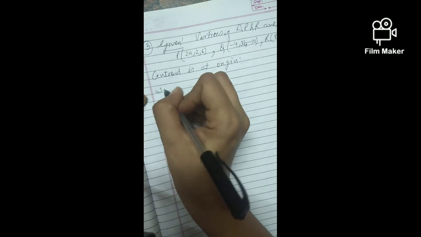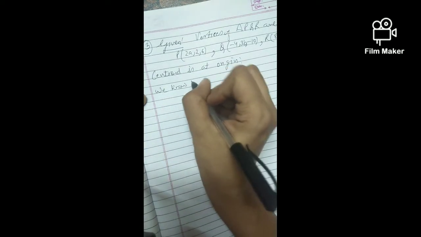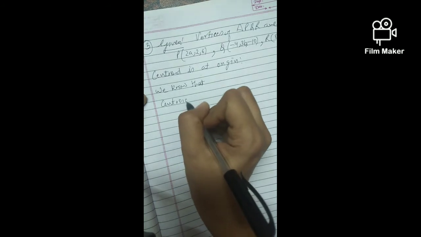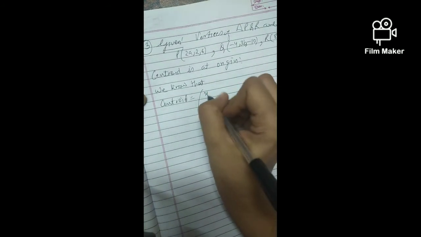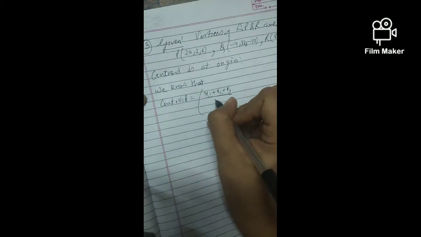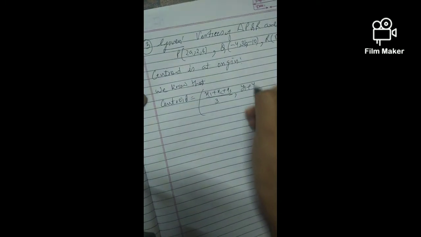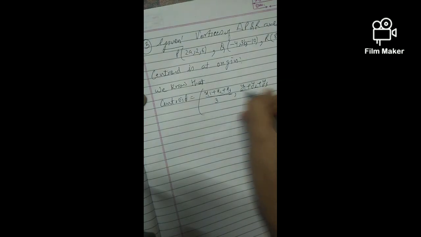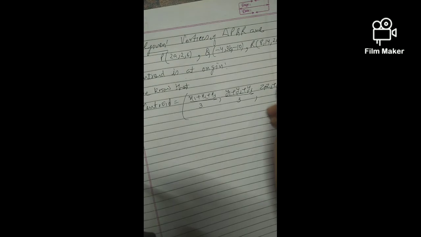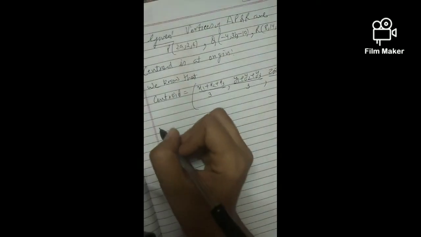So we know that the centroid is equal to (x1 plus x2 plus x3) divided by 3, (y1 plus y2 plus y3) divided by 3, (z1 plus z2 plus z3) divided by 3.